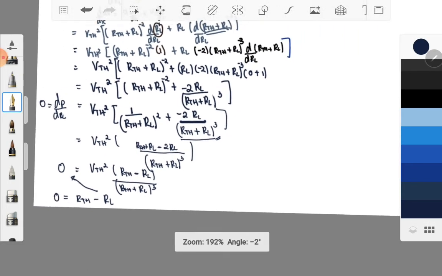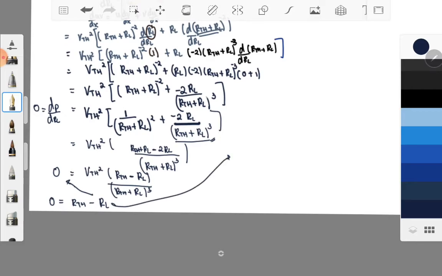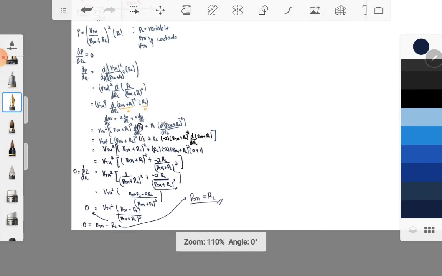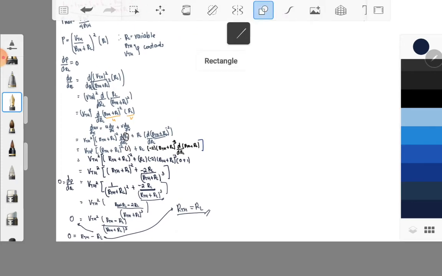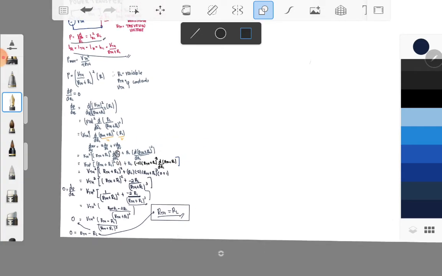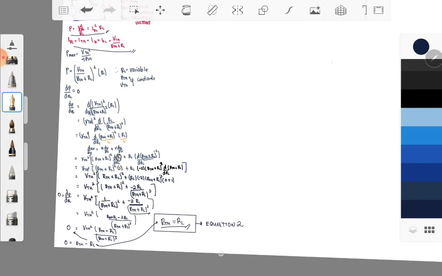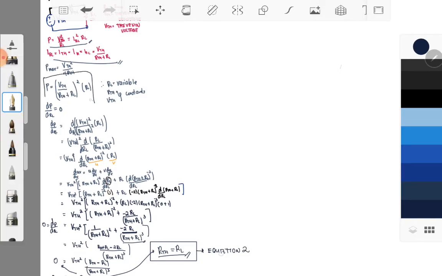So, at maximum power, I may say that your RTH must be equal to your RL. Okay? So, since you already know that your RTH is equal to RL, substituting this equation, let's say this will be our equation 2, to our equation P.